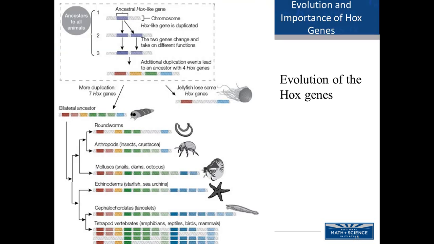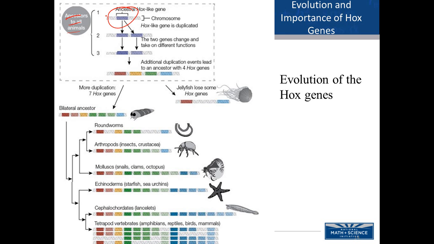Now, it turns out that the homeotic genes have been conserved and are important in evolution. The question is, how do you think that all happened? Well, let's suppose that way back when, we're talking about the ancestor to all animals, it contained an ancestral Hox-like gene on the chromosome.